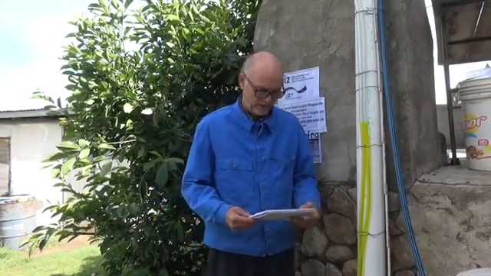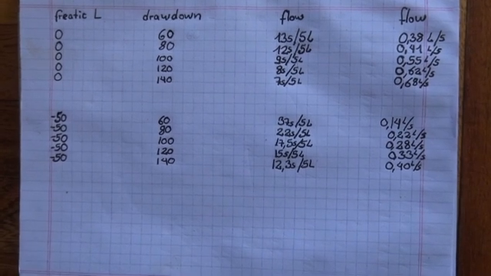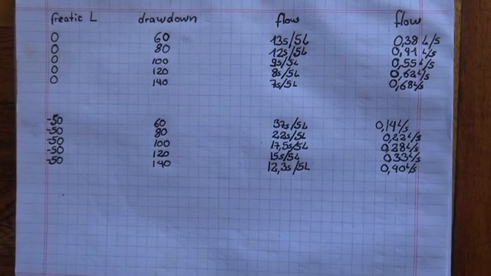Now let's make the interpretation of our test. In the first test, when the phreatic level was high and with a drawdown of 60 centimeters, we could get a flow of 0.38 liters per second. When the phreatic level was low, with a drawdown of 60 centimeters, we got a flow of 0.14 liters per second.